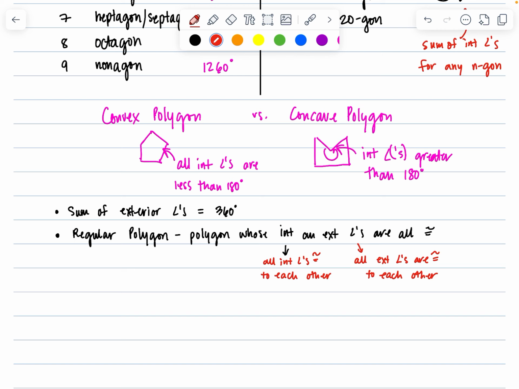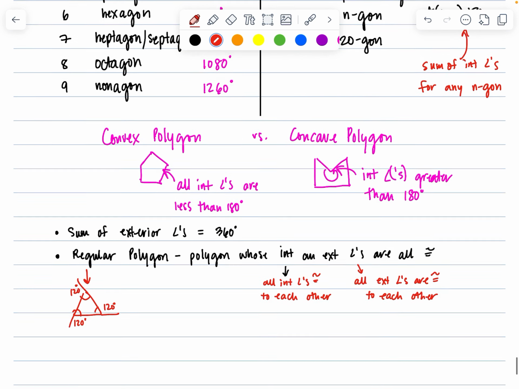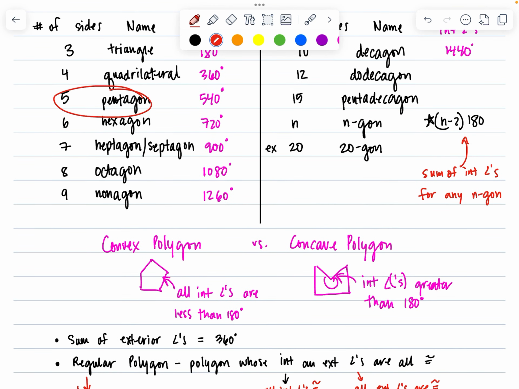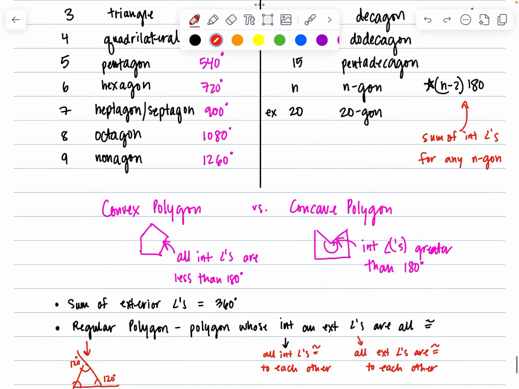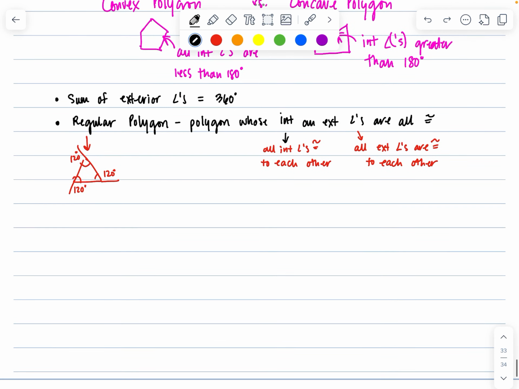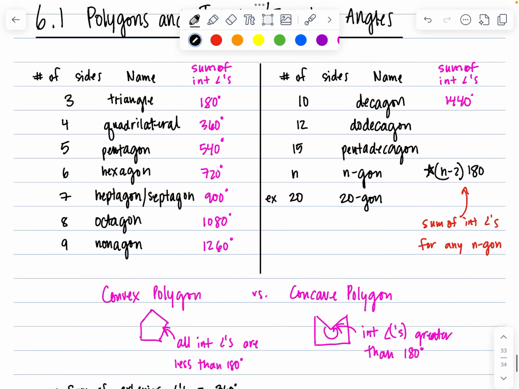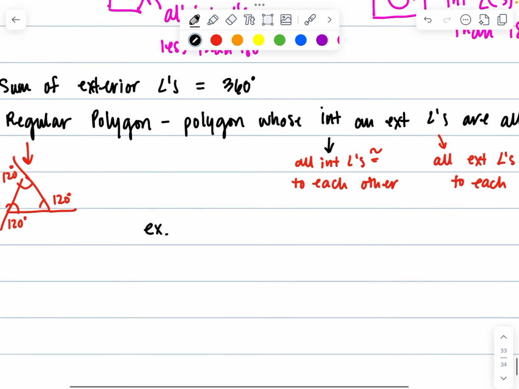So what I mean by that is like we just talked about. We had a triangle. A triangle is technically an equilateral triangle or equiangular triangle. All the angles are congruent, making them all 60. All the exterior angles turn out to be 120 degrees, as we talked about. And you could actually repeat that over and over for pretty much every pentagon, hexagon, etc. So for a quick example, let's do a hexagon.